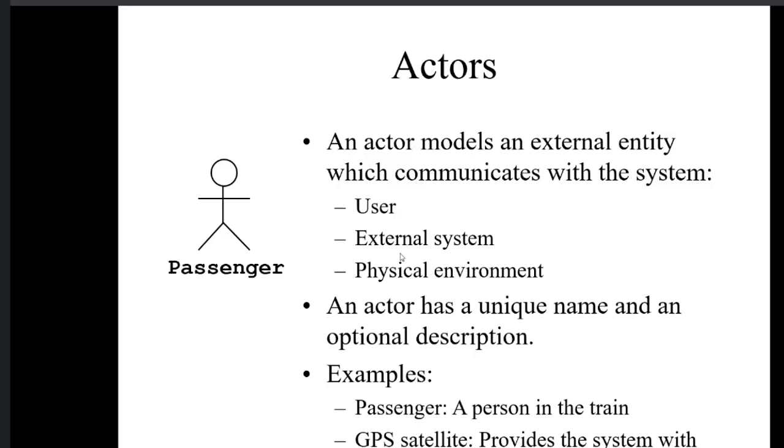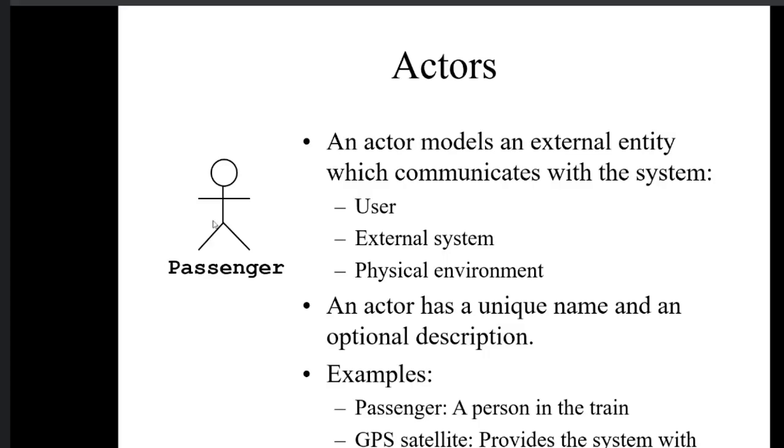So they may also be considered as actors, because they are somehow interacting with our system. They are using some of the functionalities, or they are affecting some of the functionality. Physical environment may also affect the functionality. Because of that, we are keeping it also as an actor.